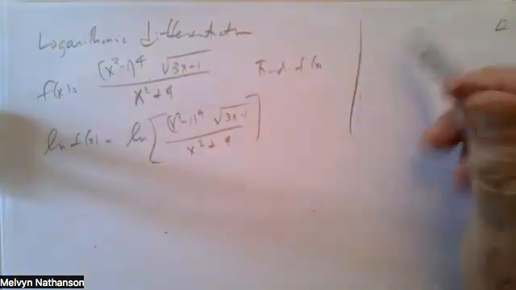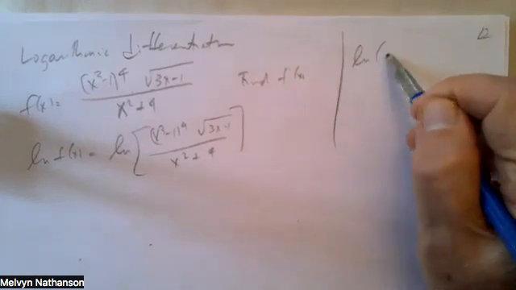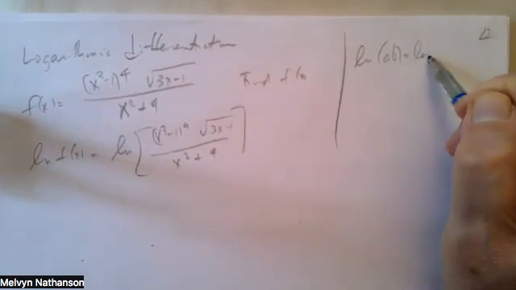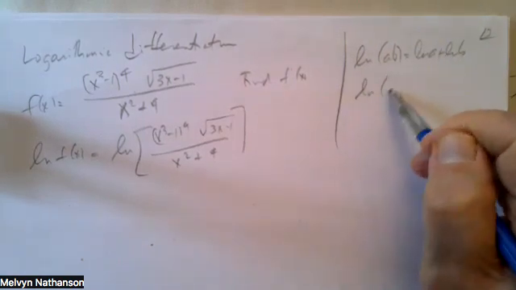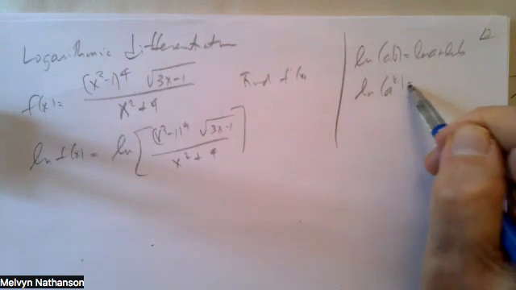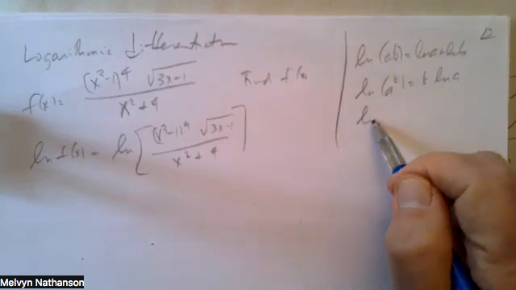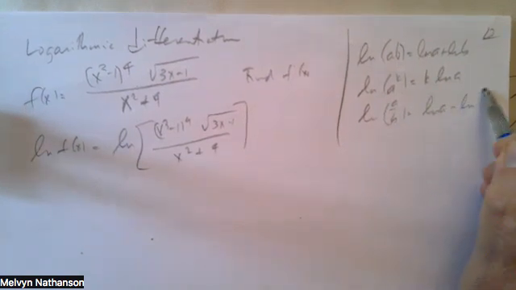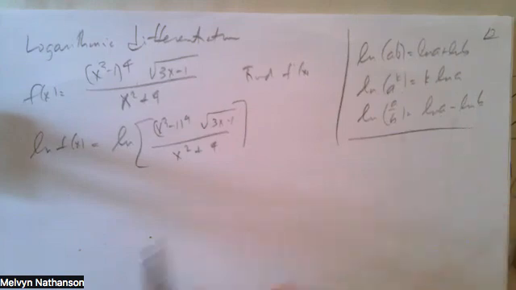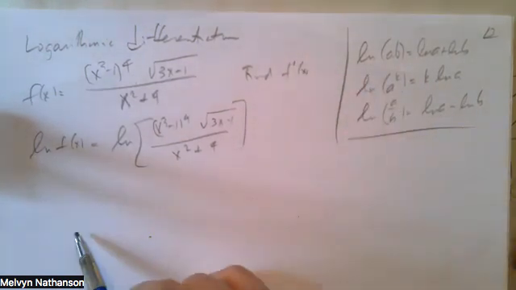And we recall some of the basic rules about logarithms, that the log of AB is log A plus log B. The log of A to the power K is K log A. The log of A over B is log A minus log B.